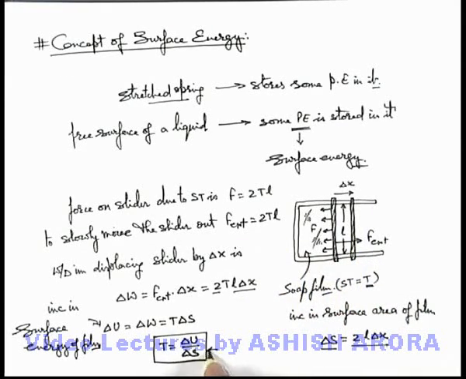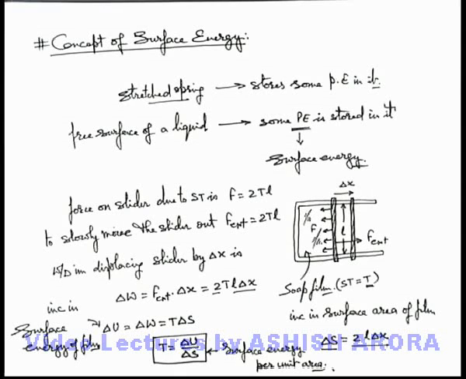So we can write the surface tension as surface energy per unit area. This is another way we can define surface tension. Let's have some examples based on the concept of surface tension defined as surface energy per unit area. This will be more clear to you.